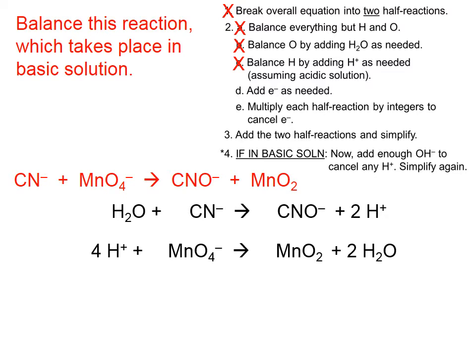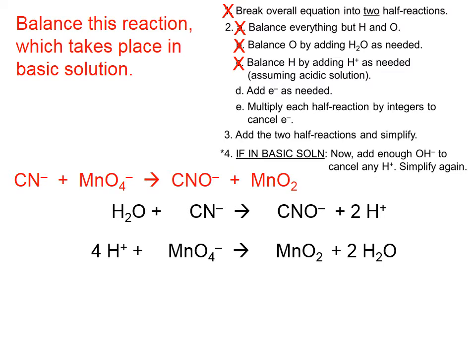Next, we need to add electrons as needed, such that the total charge on each side is the same. In this top half reaction, the net charge on the reactant side is 1 minus, and over on the product side, the net charge is 1 plus, because we have 1 minus there, and 2 pluses.